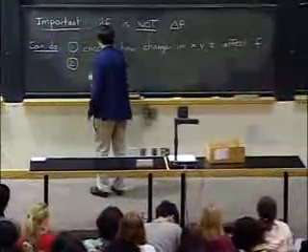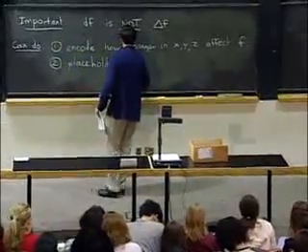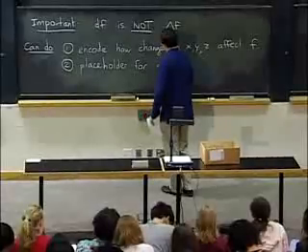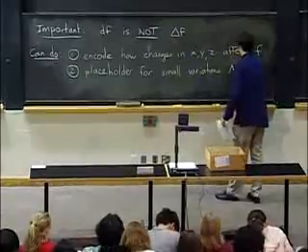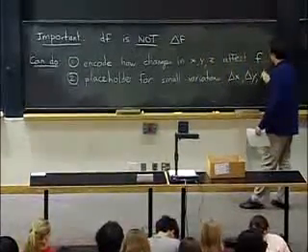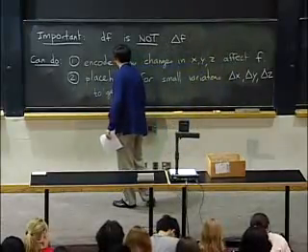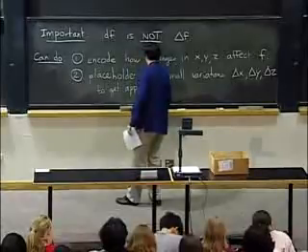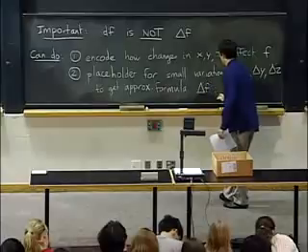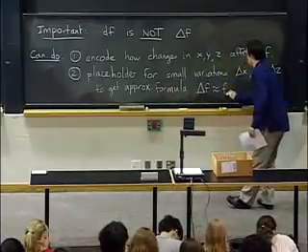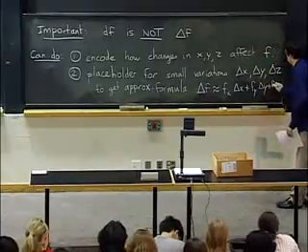And in particular, this is a placeholder for small variations, delta x, delta y, delta z, to get an approximation formula, which is delta f is approximately equal to f sub x delta x plus f sub y delta y plus f sub z delta z.